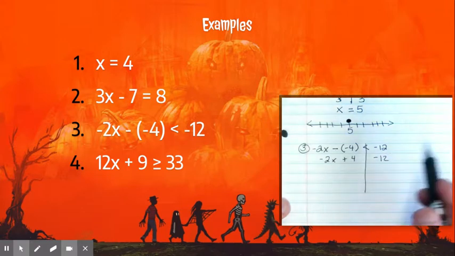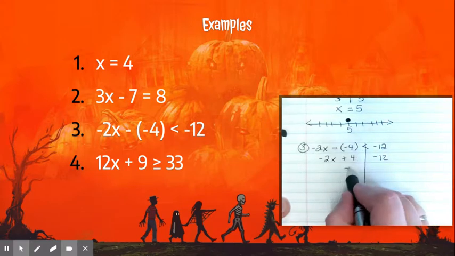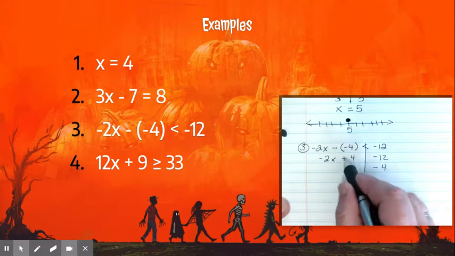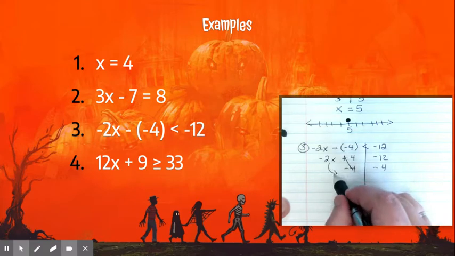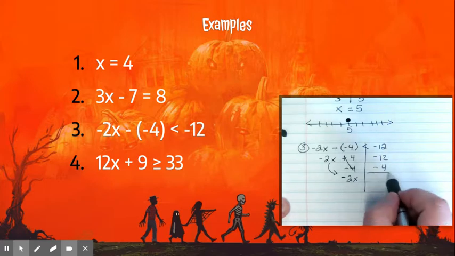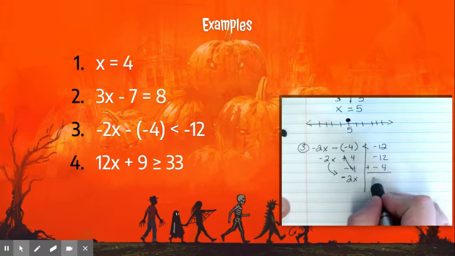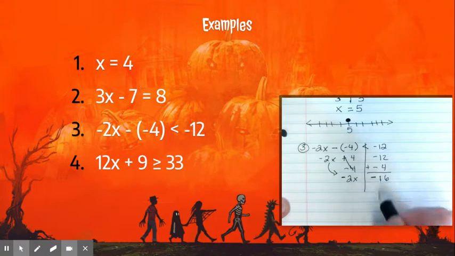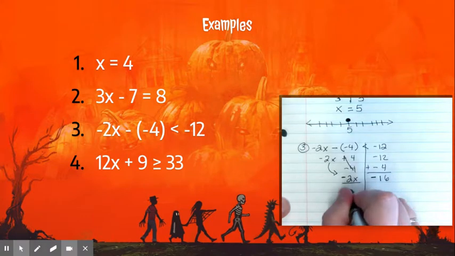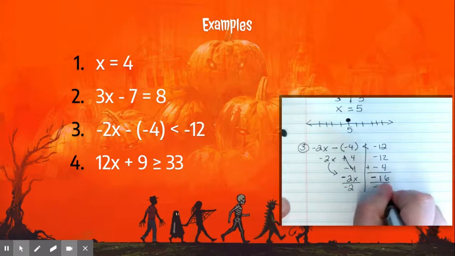Okay, so now if I have plus 4, we're going to subtract 4 on both sides. Those cancel each other out, and I bring down my negative 2x. And then negative 12 minus 4. If I add those two, they're both negative, so it's going to end up being negative 16.